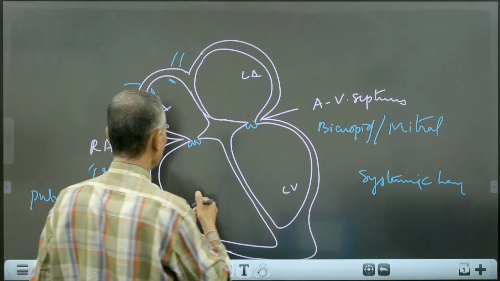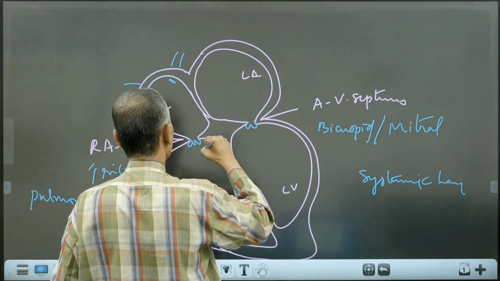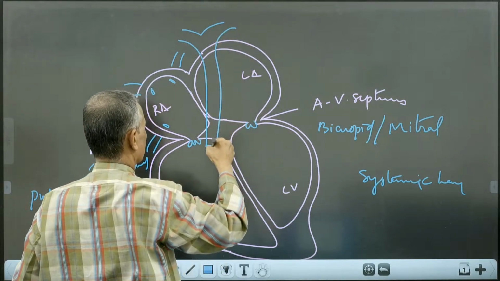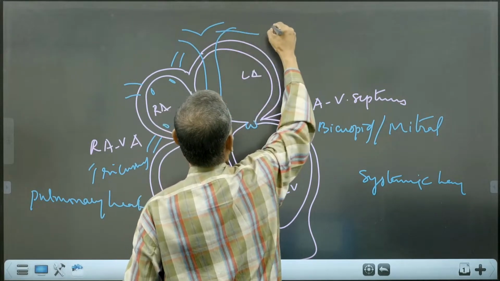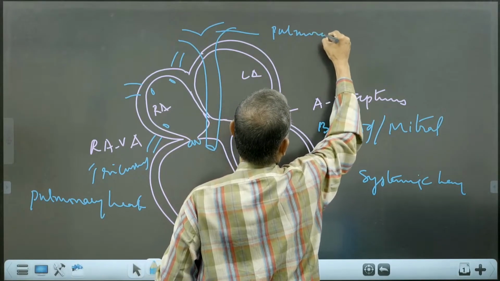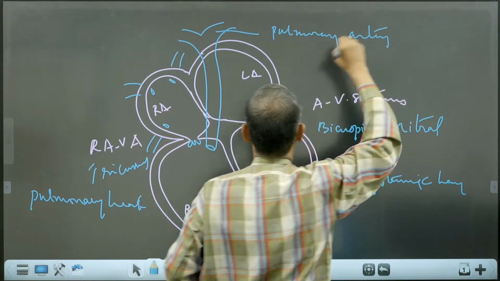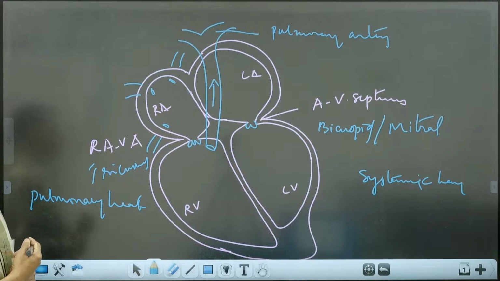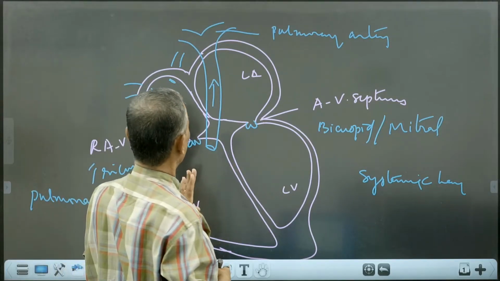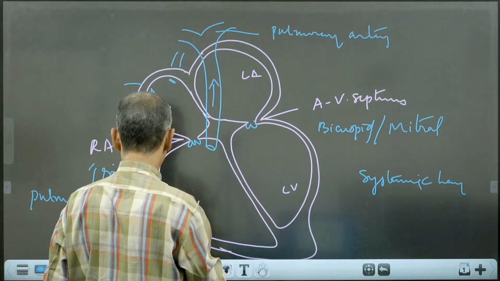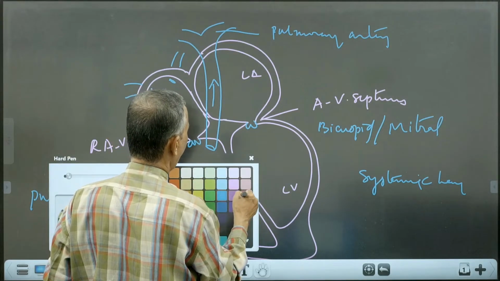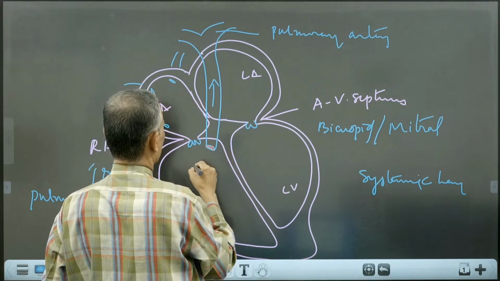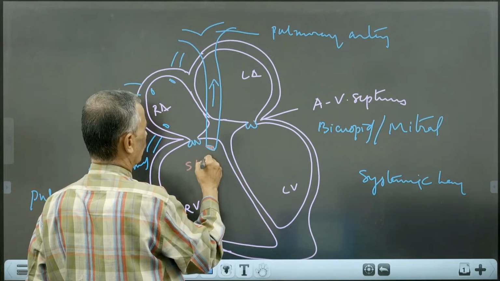And blood from the right ventricle is carried by a thick blood vessel called the pulmonary artery. It takes away the impure blood to the lung for oxygenation. At the beginning of the pulmonary artery, you are having a half moon shaped valve. So it's called semilunar valve.